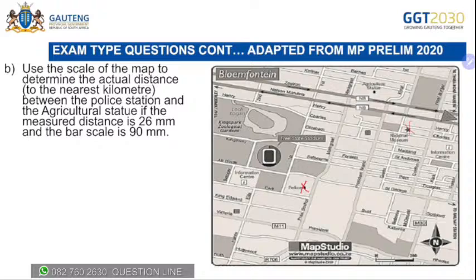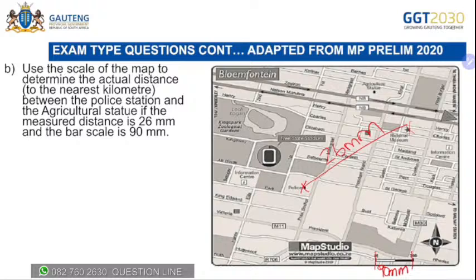So the distance from this point to that point has been measured. And it is measured to be what? To be 26 millimeters. And then the bar scale is also being measured for you. The bar scale from here up to here, it is measured to be what? To be 90 millimeters.